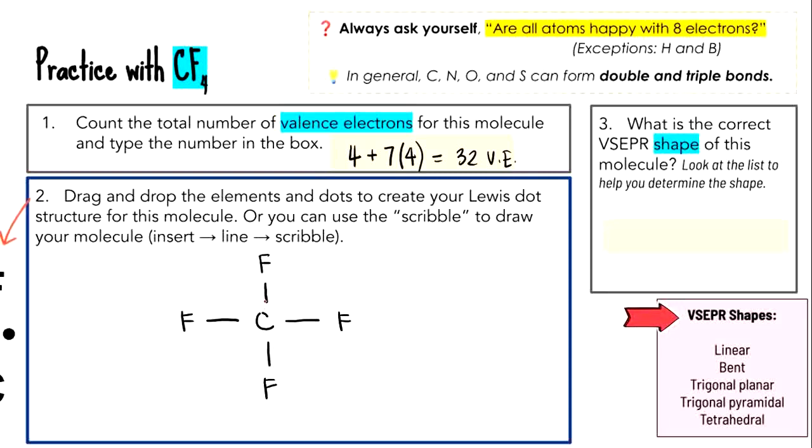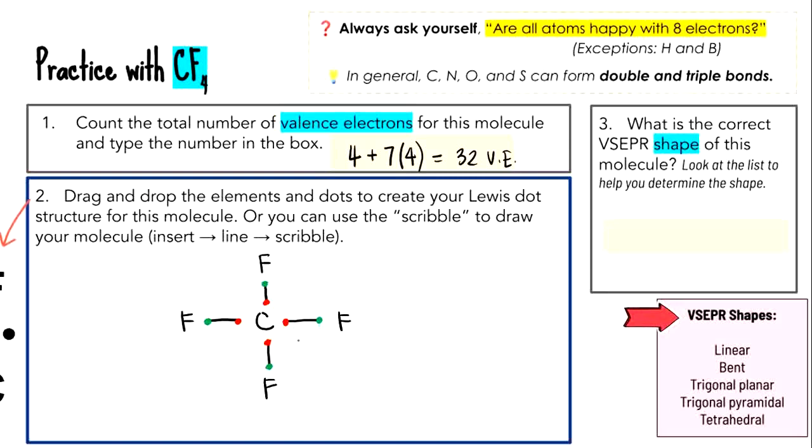So in each bond, we have an electron coming from carbon, and carbon has 4 valence electrons, so it makes sense that it has 4 valence electrons around it. And it's sharing with the 1 electron from fluorine. So 1 from that fluorine, another 1 from that fluorine, another 1 from that fluorine, and another 1 from that fluorine.